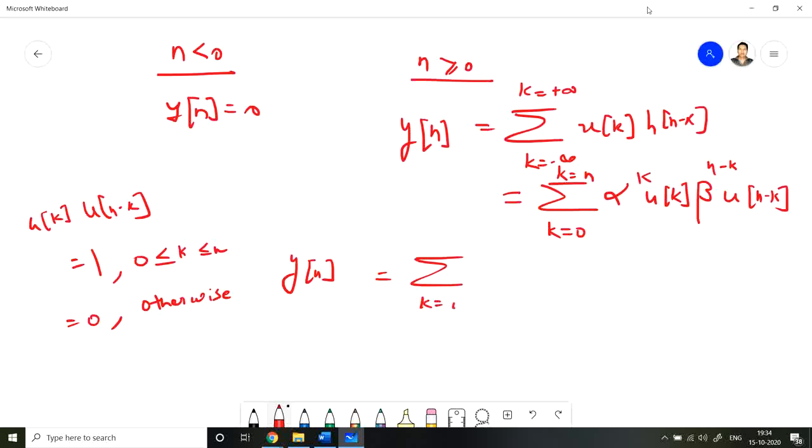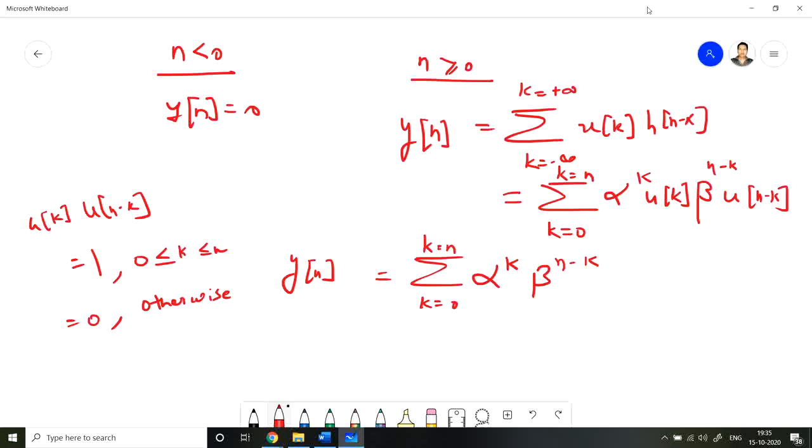So k equals 0 to k equals n, alpha raised to the power k multiplied by beta raised to the power n minus k. These two terms are remaining because the product of u[k] and u[n minus k] is equal to 1 when the range of k is between 0 to n, and both 0 and n are included, and it is equal to 0 otherwise.